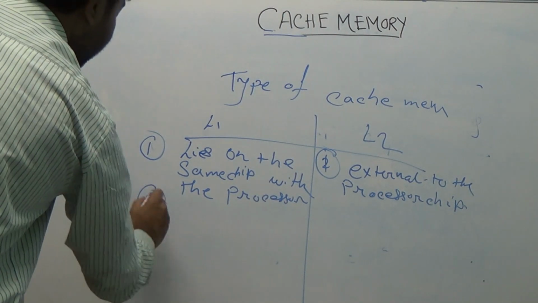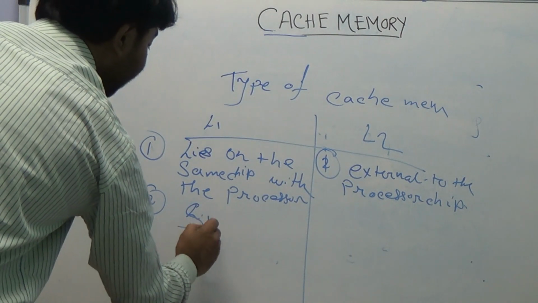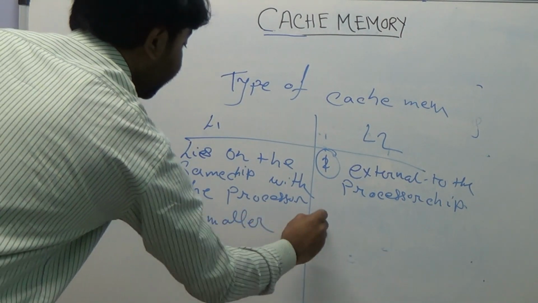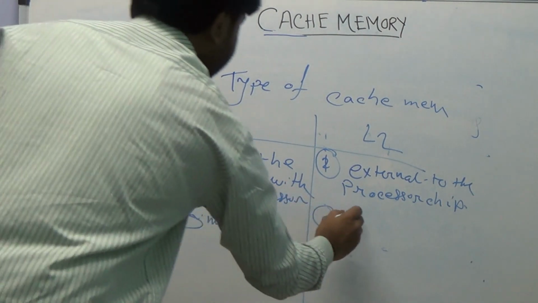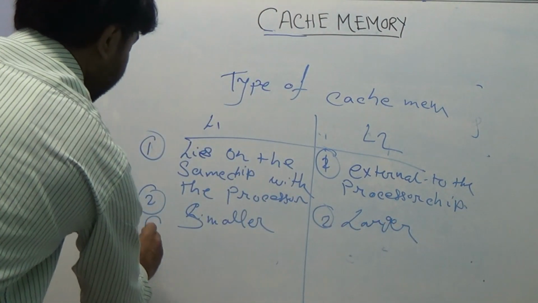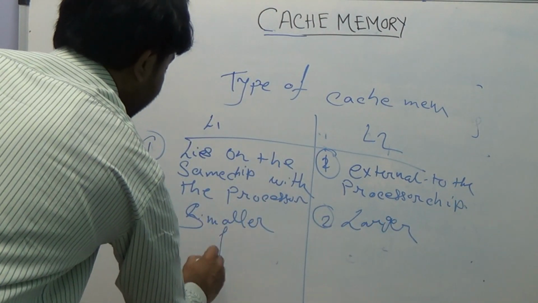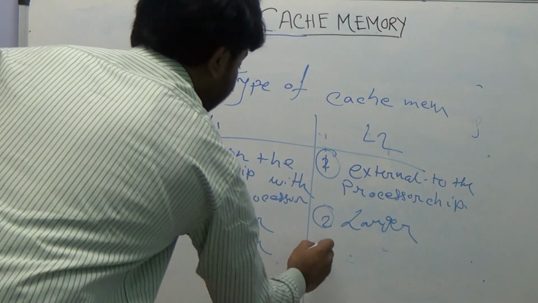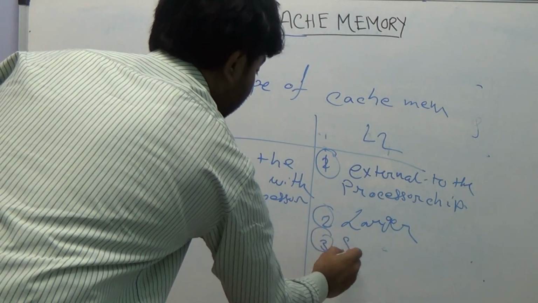Number 2, L1 is smaller. Here L2 is larger. Number 3, L1 is faster. L2 is slower.